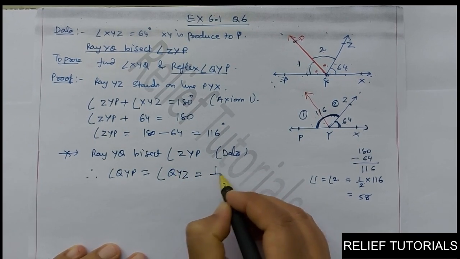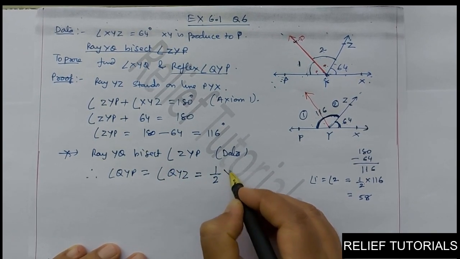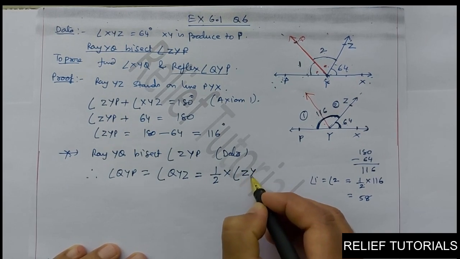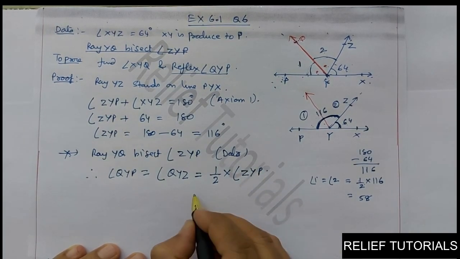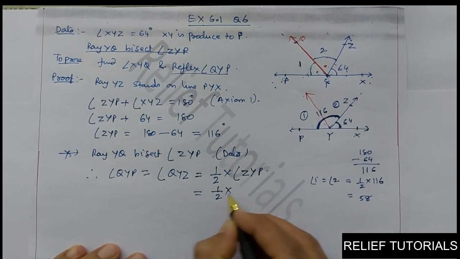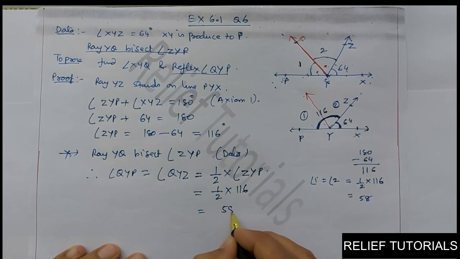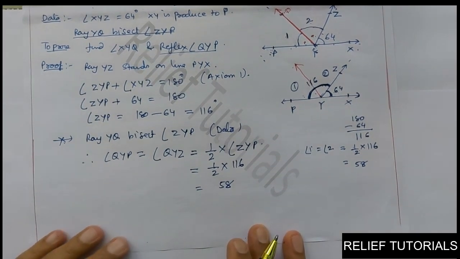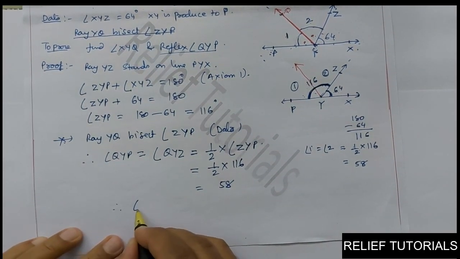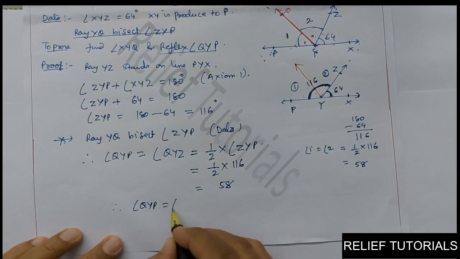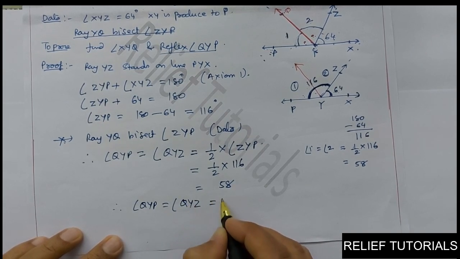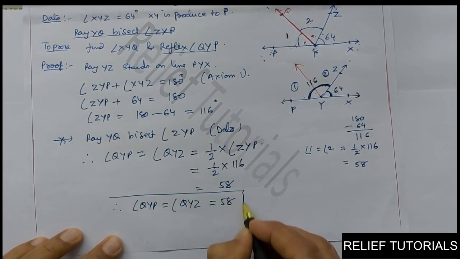That is equal to half of angle ZYP. Half of ZYP is how much? 116. So that is equal to 58. So therefore angle QYP is equal to angle QYZ, that is equal to 58.